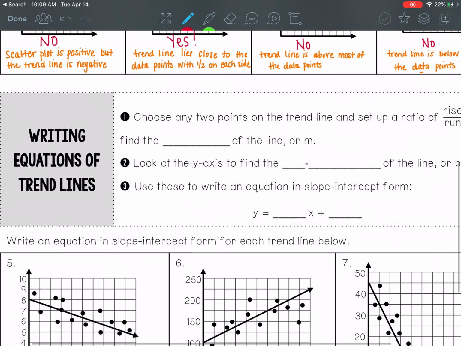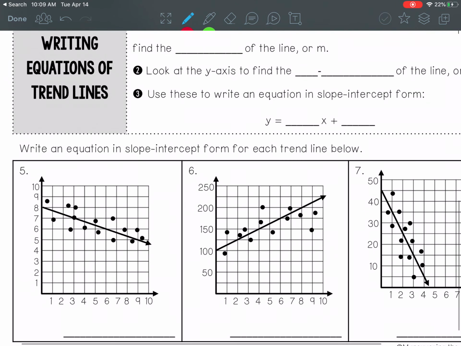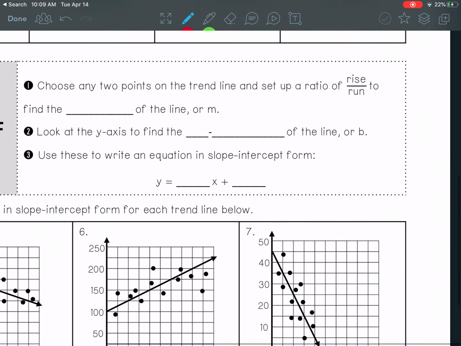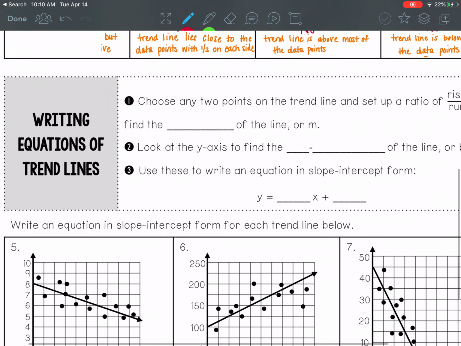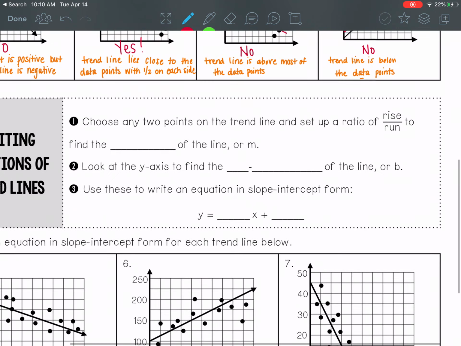Okay, now we're going to actually write the equations. So down here we have the line of best fit drawn, but now we're going to write our y equals mx plus b format. Okay, so we've got 3 steps here. If you forget, come back to these notes. Choose any 2 points on the trend line.